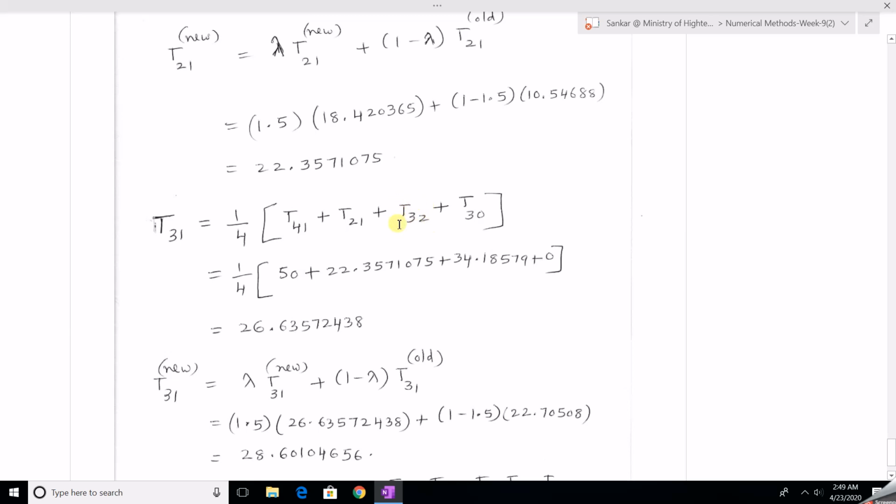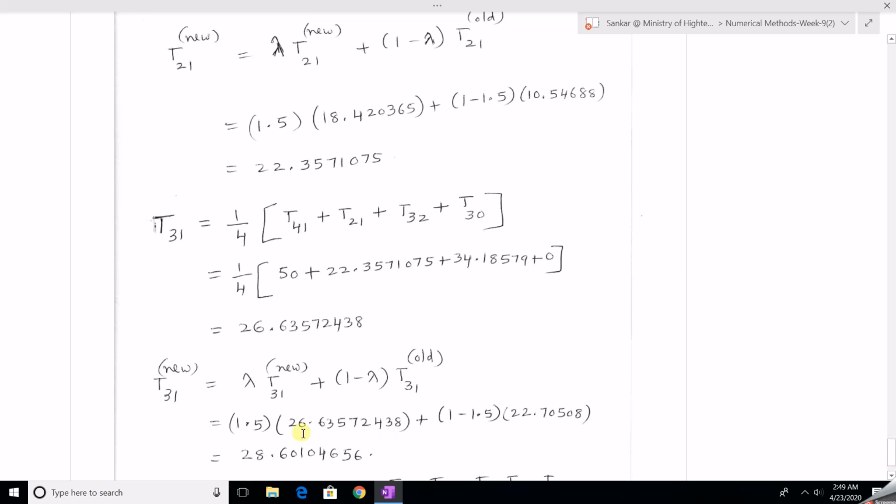This value we use from the first approximation, because we don't have the latest one for T32. Therefore we use the value of the first approximation, that is 34.18570, plus T30, the point on the bottom edge, which is at 0. If we simplify, you will be getting 26.63572.